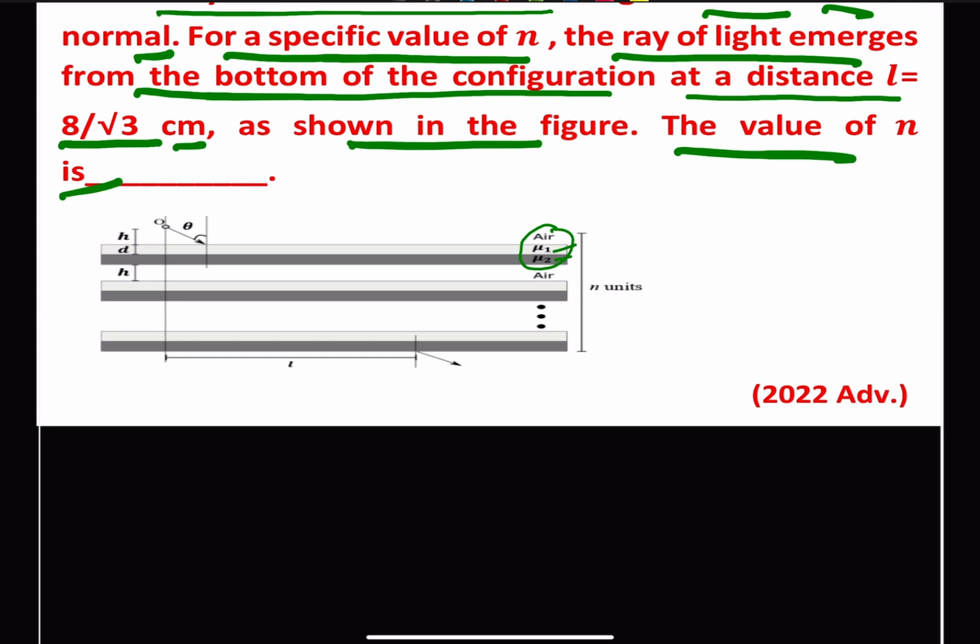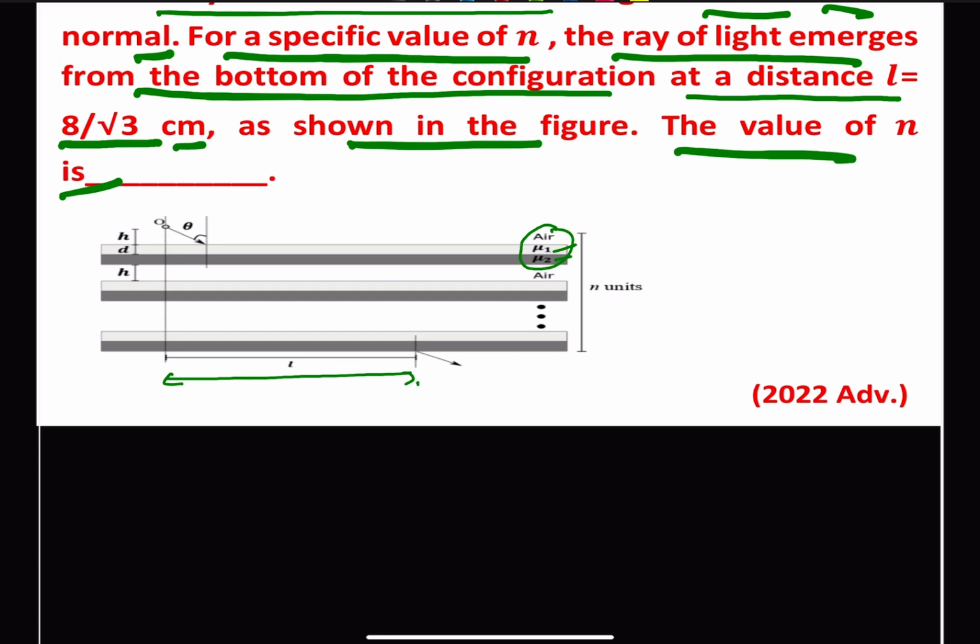And the height of both the mediums mu1 and mu2, that is d, is same, whereas the air having height of h. And there are total of n units. And it also states that the light emerges from the final unit at a distance of this L. Okay. And it is given as 8 square root of 3 centimeters. So we have to find out what will be the number of units. Okay.